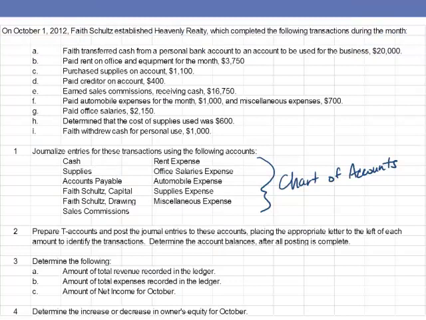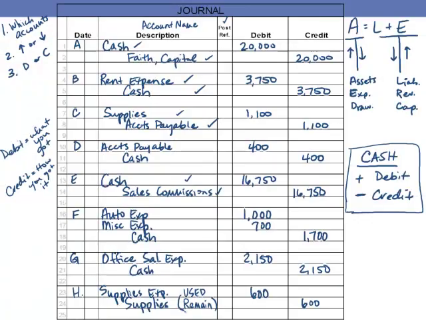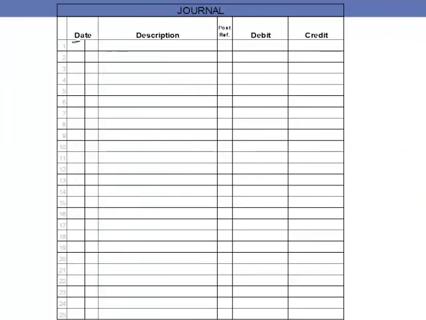Okay, the last one, Faith withdrew cash for personal use of $1,000. So our two accounts, we're going to have the drawing account and cash. Drawing goes up. We're keeping up with the amount that she withdrew.